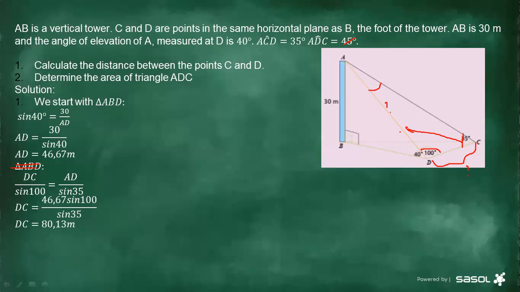Let's see what that angle is. 180 minus 100 minus 35 is 45. No, that's correct. This is supposed to be angle DAC is 45. That 45 will come here.